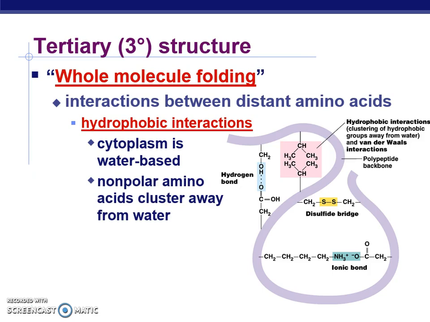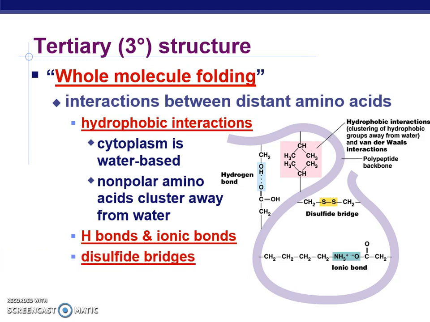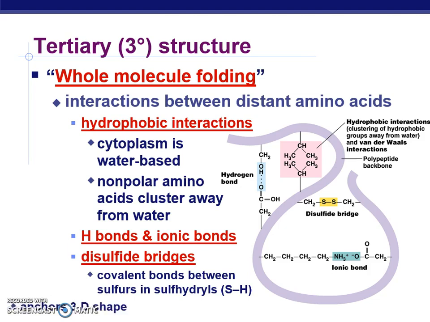And nonpolar amino acids are going to want to get away from that watery environment, and so they tend to cluster towards the internal portion of the protein. Then you get hydrogen bonds and ionic bonds between different R groups in the amino acids, as well as those disulfide bridges, and those are going to be really good for stabilizing the three-dimensional shape.